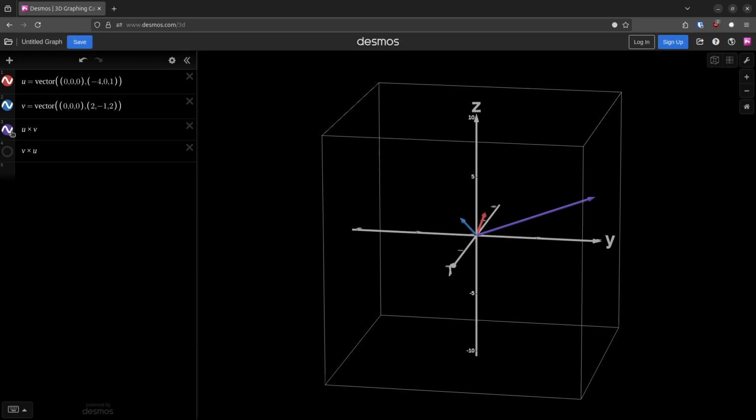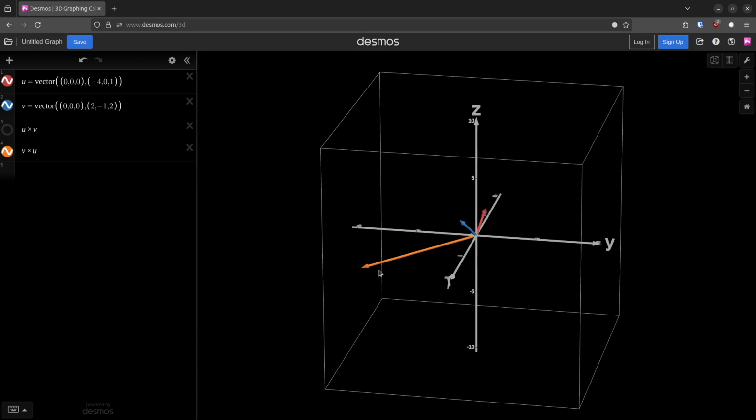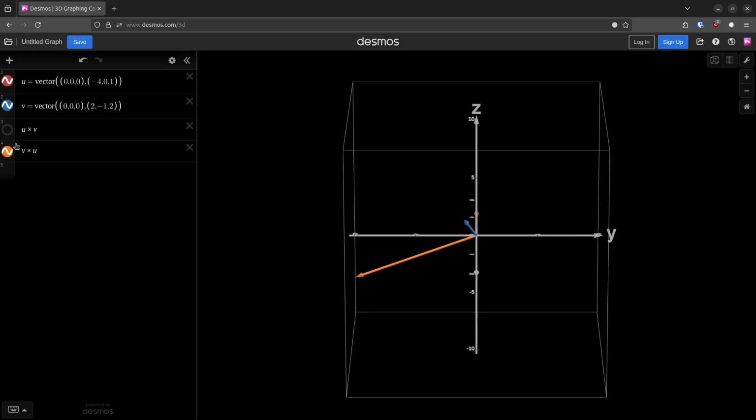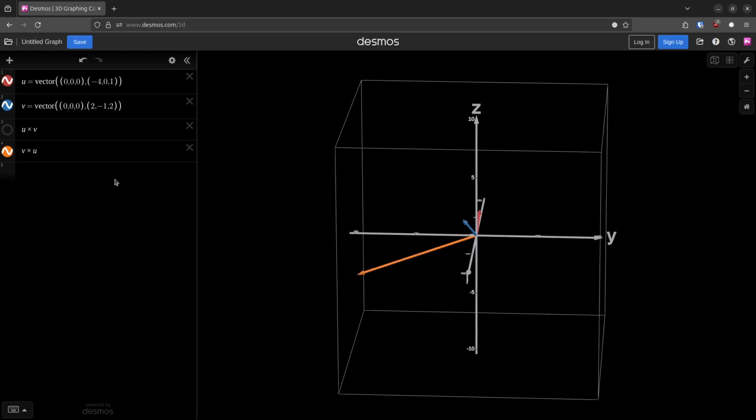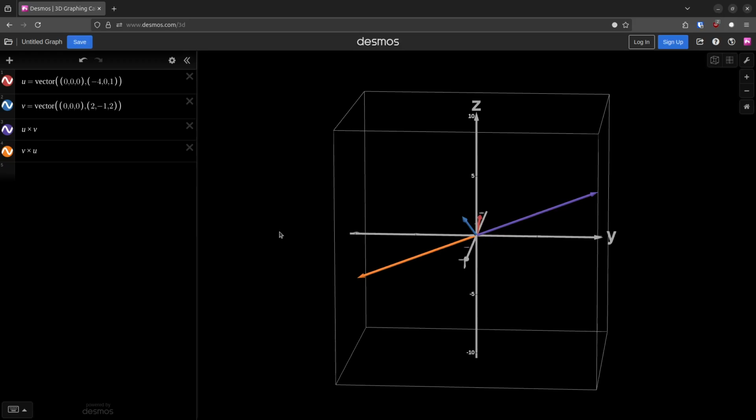And this is vector v cross u, going the exact opposite way. Not surprising, since we know the principle of anticommutativity. The trick here is, how do you know which one is u cross v and which is v cross u? You can tell using the right-hand rule.